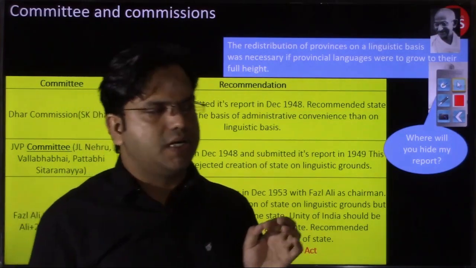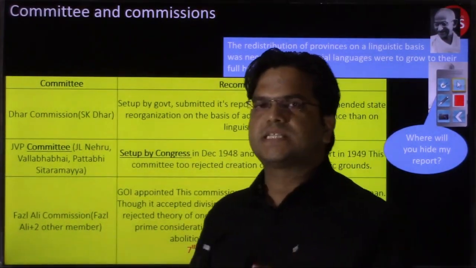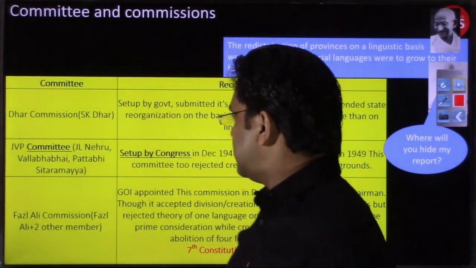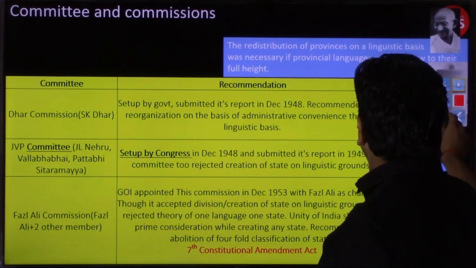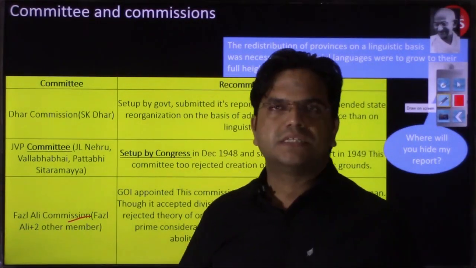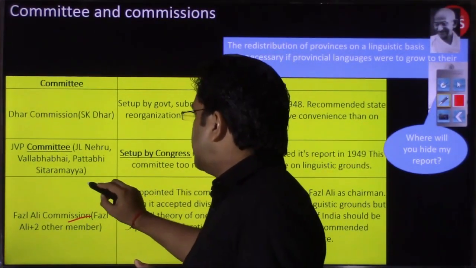Finally this Fazl Ali Commission in principle accepted that yes, states can be reorganized, but language cannot be the lone basis. At the time of giving its recommendation, this Fazl Ali Commission, in 1956, suggested to the union to create 3 territories.